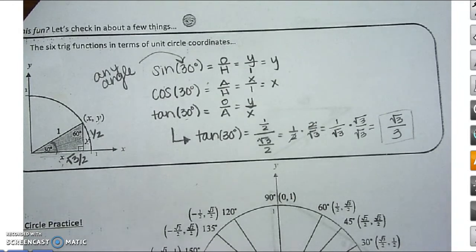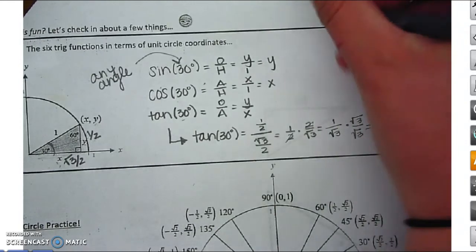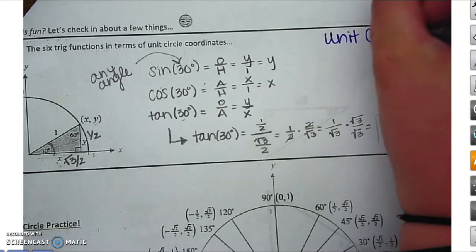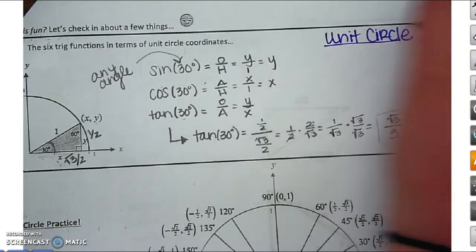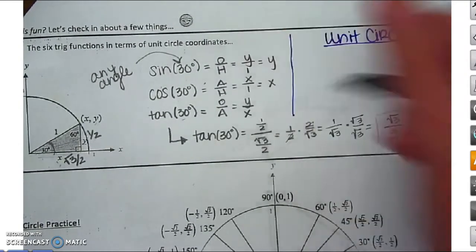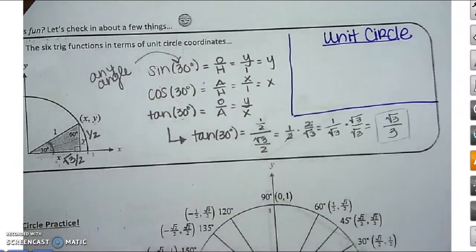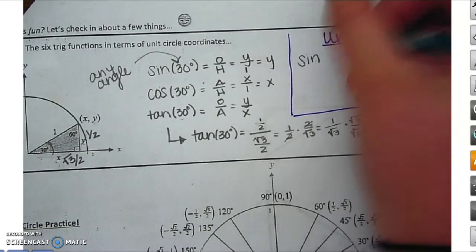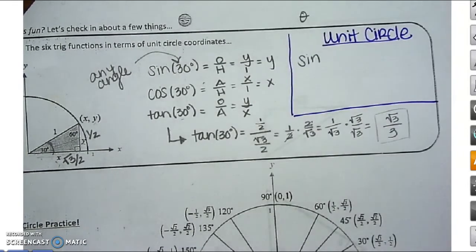But before we do, I want you guys to write down all 6 trig functions in terms of the unit circle. So on the unit circle, whenever we ask about sine of any angle, remember we talked about you could represent any angle with theta.